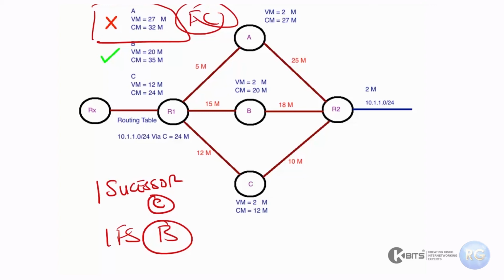So just because you see this topology over here does not necessarily mean that you have all three paths in your topology table. It still needs to go through the feasibility condition. If one of the routers doesn't make it, it will pull that route out for that particular destination.